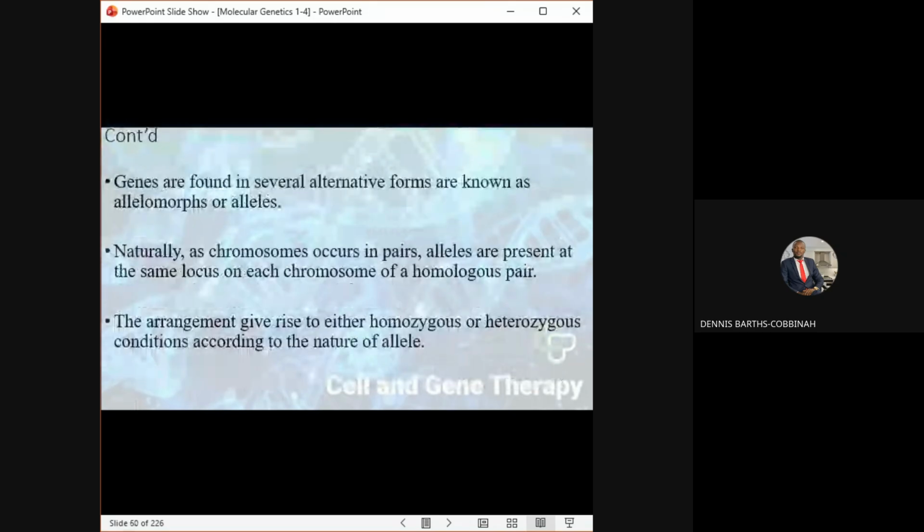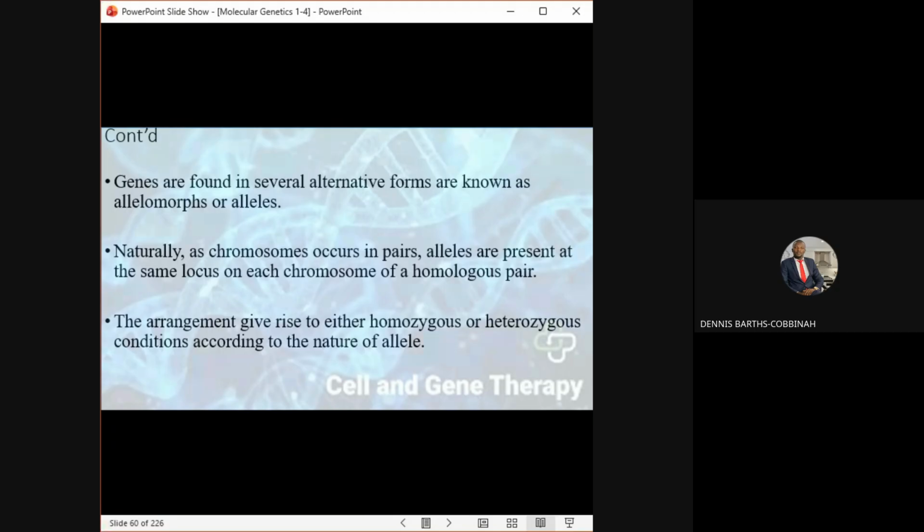And the genes that are found in several alternative forms, we can just say that they are called allelomorphs, or in essence, alleles. So the alternative form of a gene that is present in an organism is the allele.